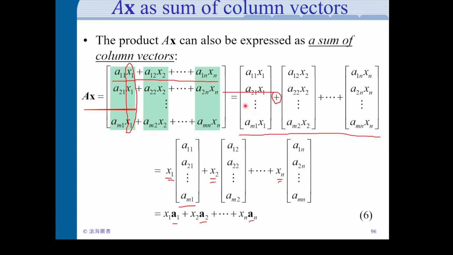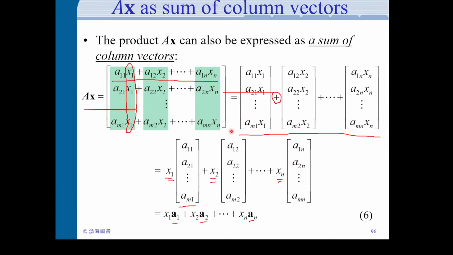Now it's out of solving linear systems. We are thinking about what happens when a matrix is multiplied by a column vector. So we think about the product Ax, and this is a matrix times a column vector, and it will become a column vector as we know.